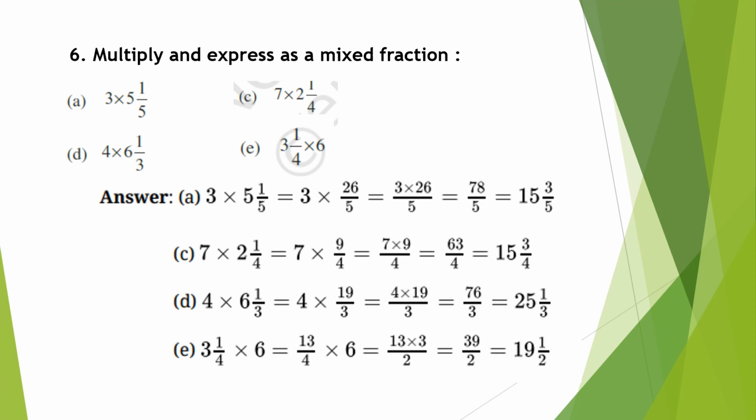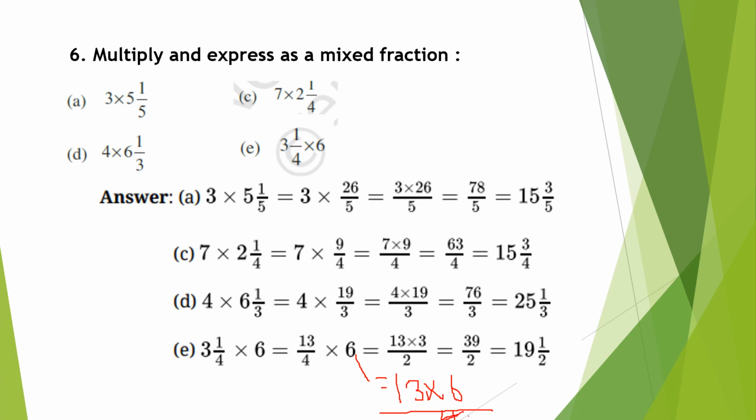Now we can multiply the numerator of the fraction with the whole number and keep the same denominator 4. So here we can write one more step, you can write it here, 13 into 6 divided by 4. You have to write this step.